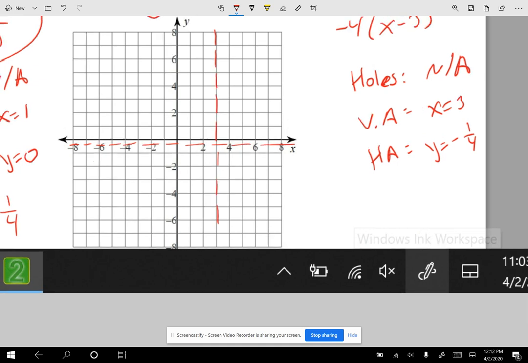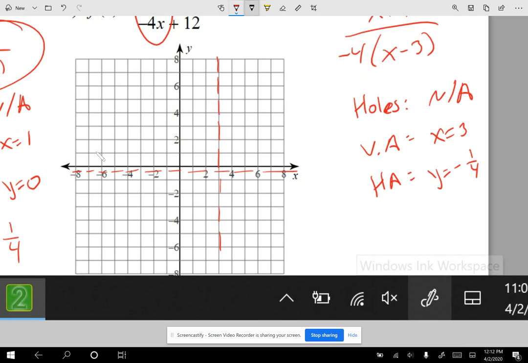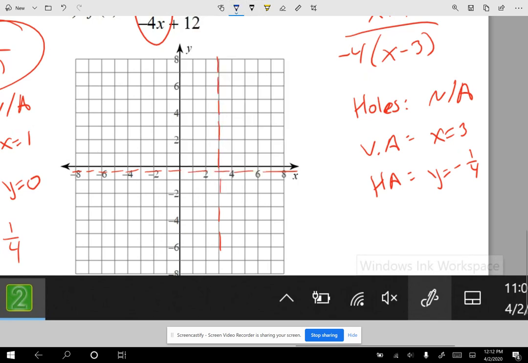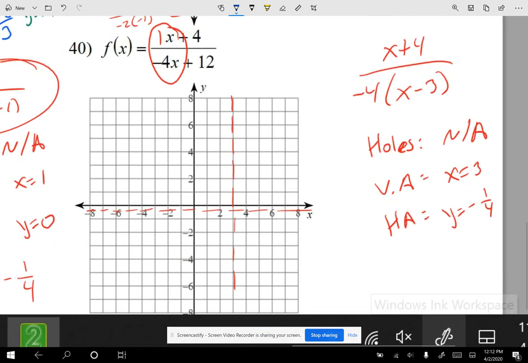Now to the left of my asymptote, choose a value of x to the left of it. I'm going to choose 0 just because it's easy to work with 0. So if x equals 0, look at my function. I plug in 0 for x. So I have 4 over -4 times 1.